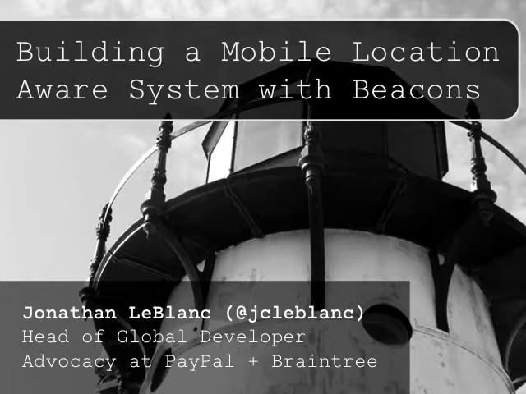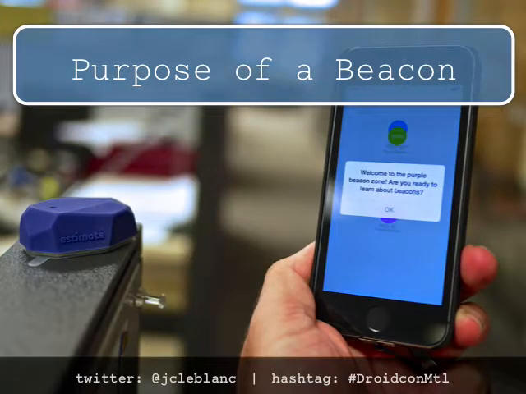I also have with me an experimental PayPal beacon. This is one of our early prototypes. It's ugly as sin because it's a prototype, but we'll talk a little bit about this as well. But for the most part, we'll focus on programming on top of an Estimote beacon and taking a look at everything like that.